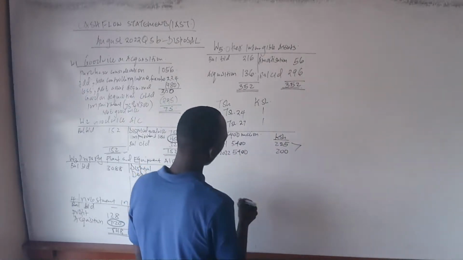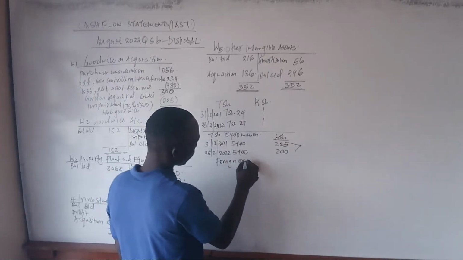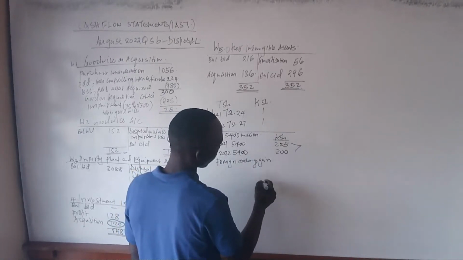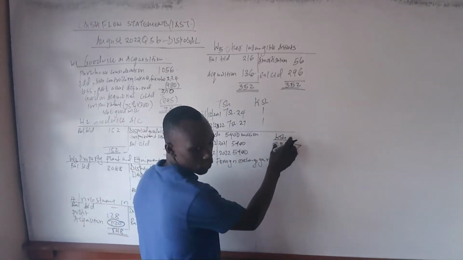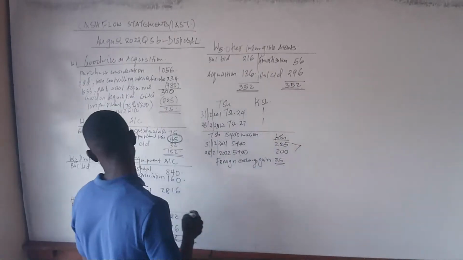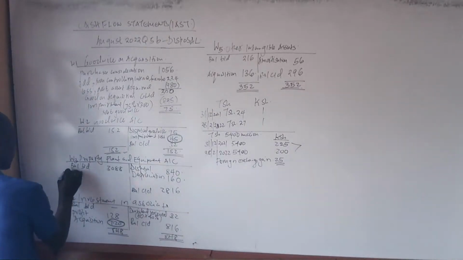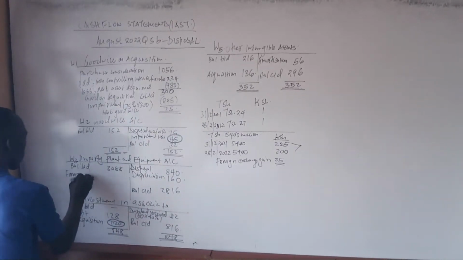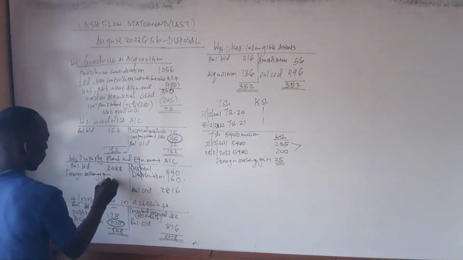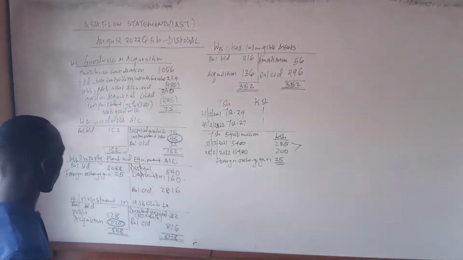So we had a foreign exchange gain. Not 225, but the difference, which is 25. And it is going to affect our property, plant, and equipment. So we have a foreign exchange gain of 25.